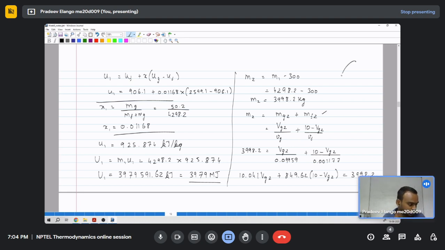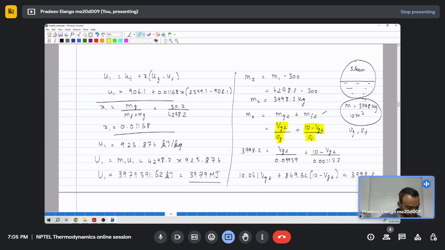So now we know for the boiler there is some level of steam and some level of water. And we know total mass is known as some 3998. And we know the total volume is also 10 meter cube. And for the steam phase we know Vg is known, Vf is known. So assuming Vg2 was the volume of the steam, I can write Vg2 divided by the specific volume will give me the mass of the steam phase, and similarly the liquid or the water volume is 10 minus Vg2, and then divided by the specific volume will give me the mass of the fluid.